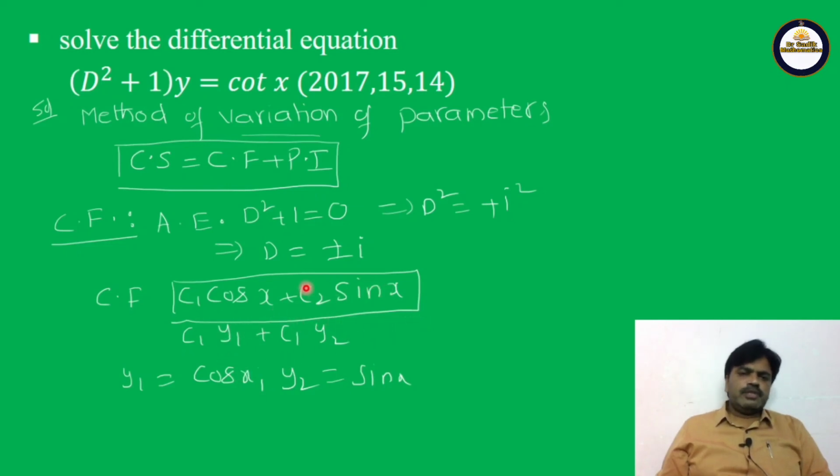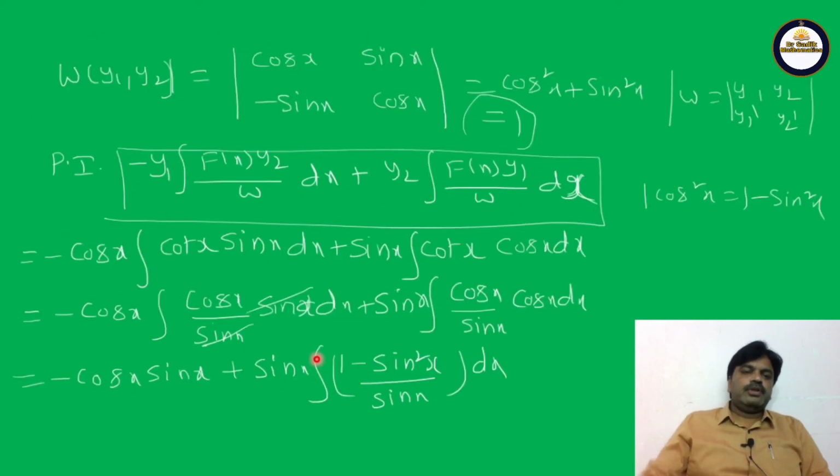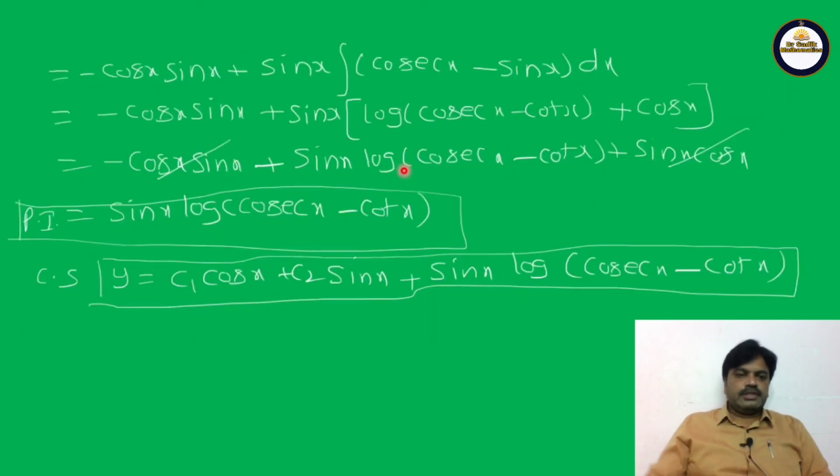Compare with c1 y1 plus c2 y2 to get y1 and y2. Then find the Wronskian of y1 and y2, which is 1. We write the formula, substitute minus y1 and y2 f of x by W, and get sin x log of cosecant x minus cot x. We add them to get the required solution of the given problem.